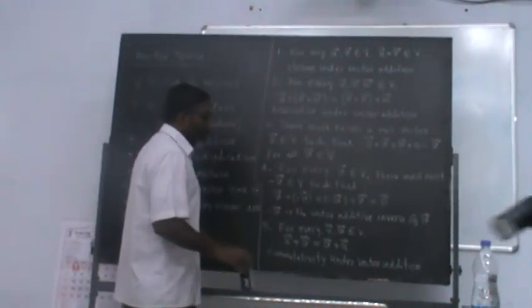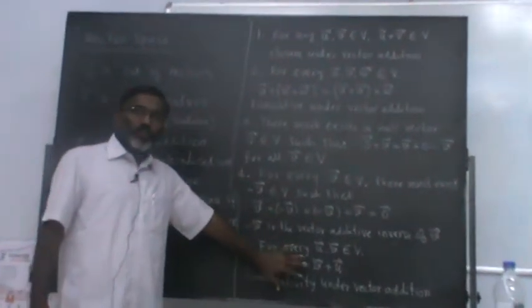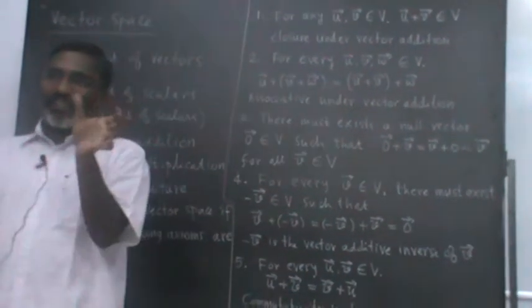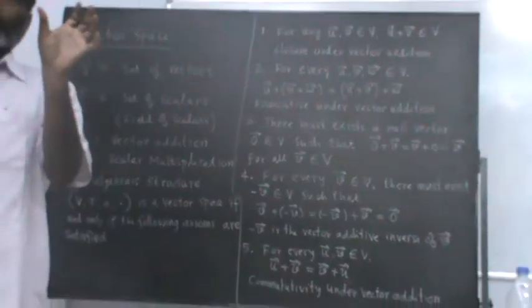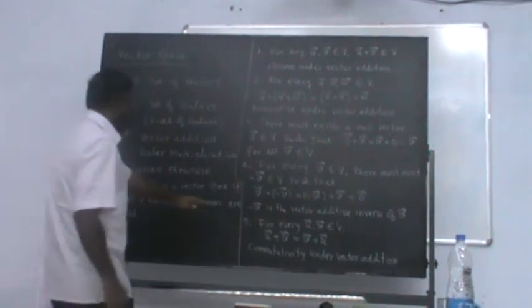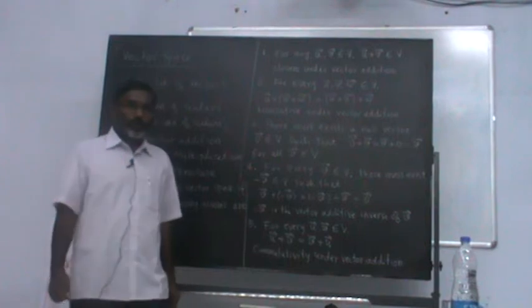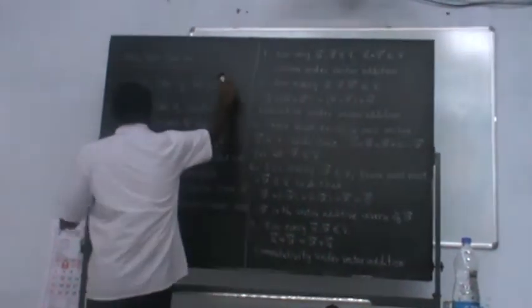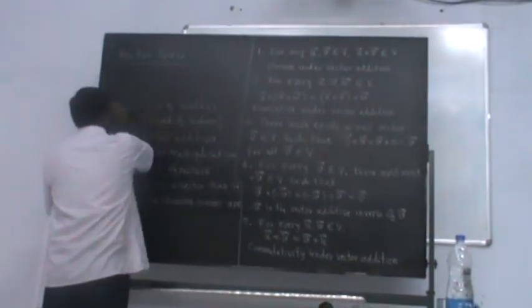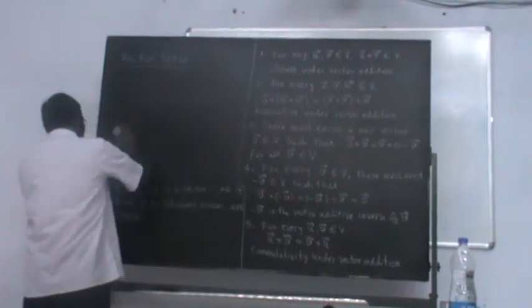Now, you may know any set with a binary operation, if it satisfies these 5 axioms, that set with that operation is called an abelian group. If it satisfies only the first 4, it is called a group. If commutativity is also satisfied, it is called an abelian group.